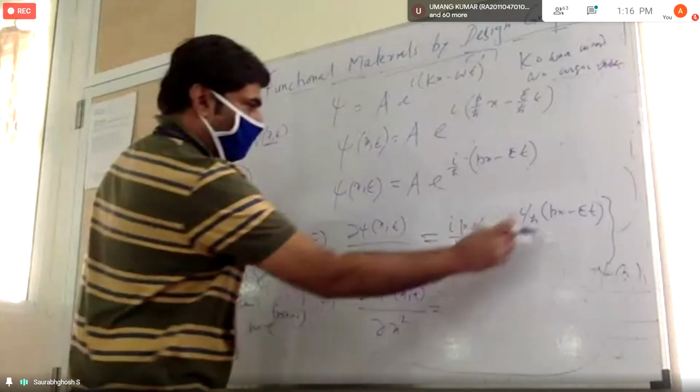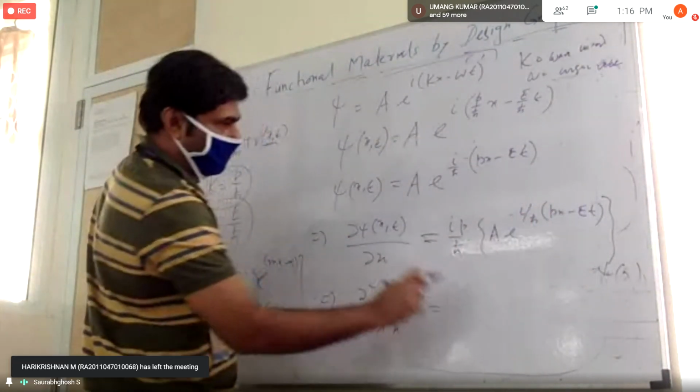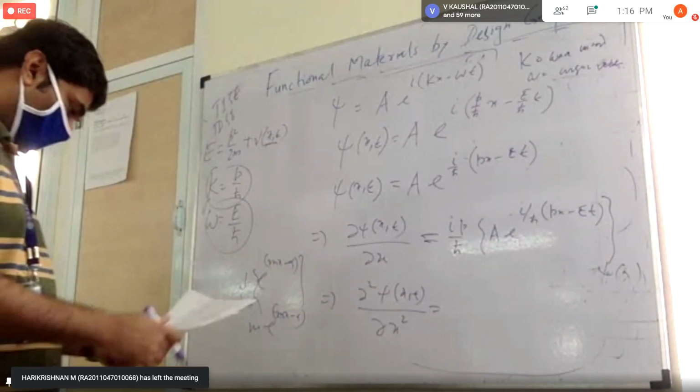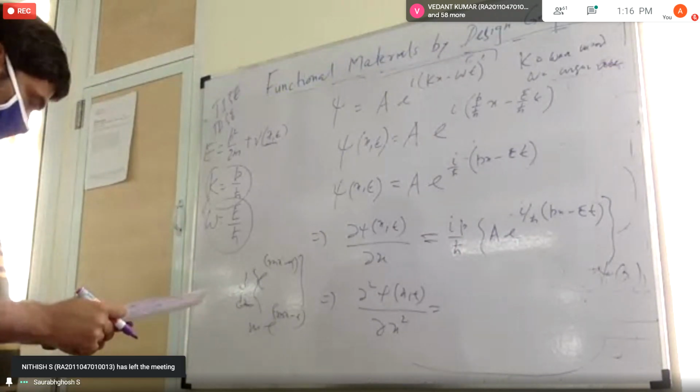So what will happen? This again will come out, so i square. What will we have if we do a second order derivative?